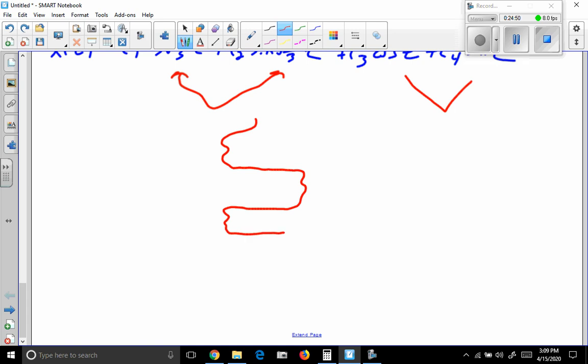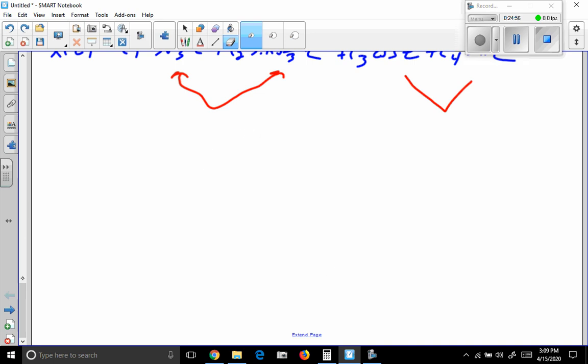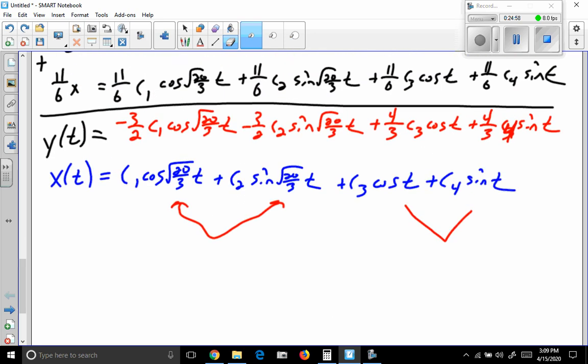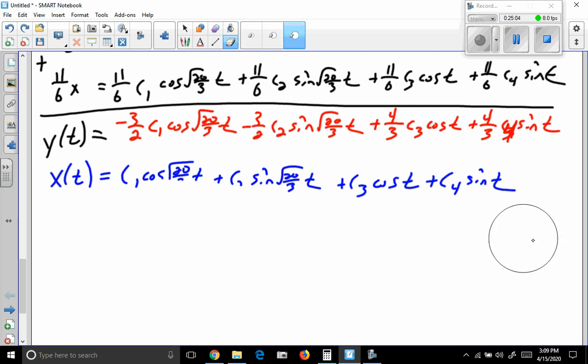So we might have two natural frequencies built into this oscillation. So let's look at our initial conditions and let's see what our coefficients are. And if we have an opportunity, we'll see about graphing these two different situations.